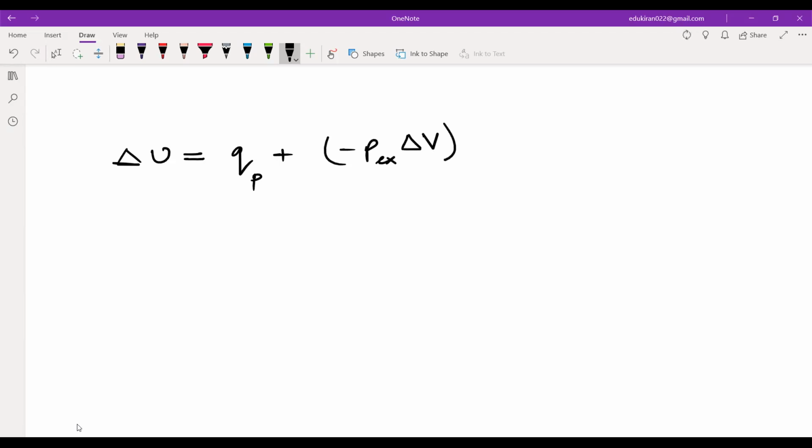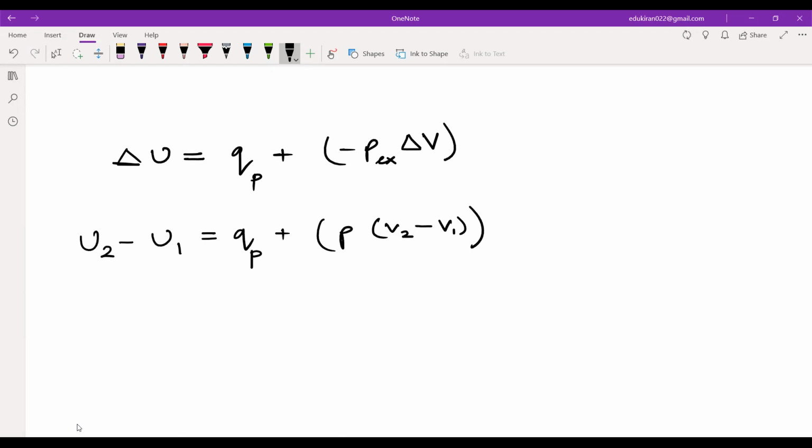It is a constant. We can write this delta U as U2 minus U1. It is equal to the heat involved plus P of V2 minus V1.